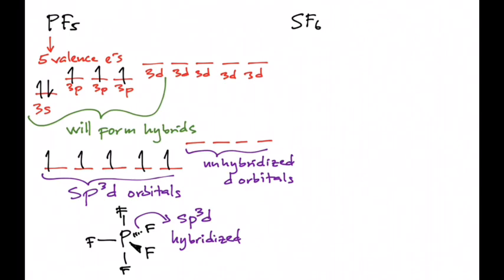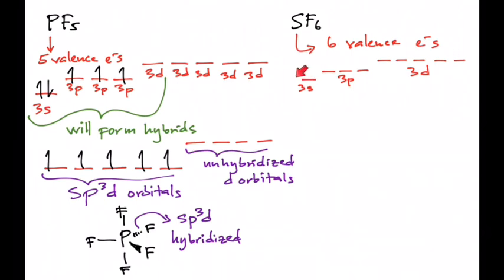What about SF6, sulfur hexafluoride? We know that sulfur is going to be the central atom, and sulfur has 6 valence electrons, which means that it will form 6 hybridized orbitals, and so it will start accessing the 3d orbitals as well. And so you will have 1 3s orbital, all of the 3p orbitals, and 2 of the 3d orbitals. So that's a total of 6 hybridized orbitals.